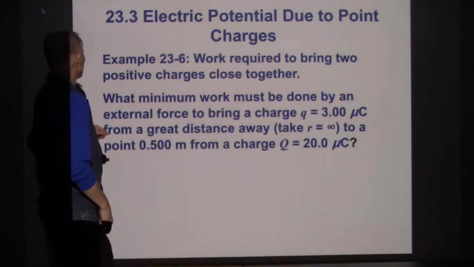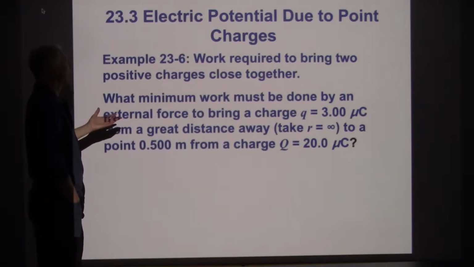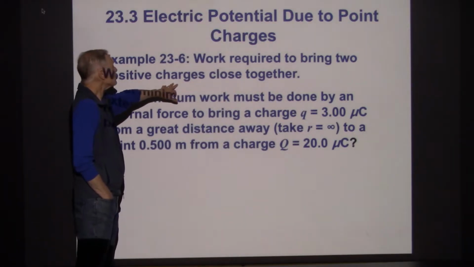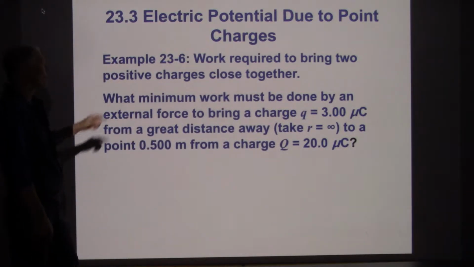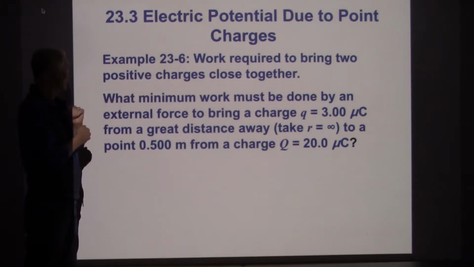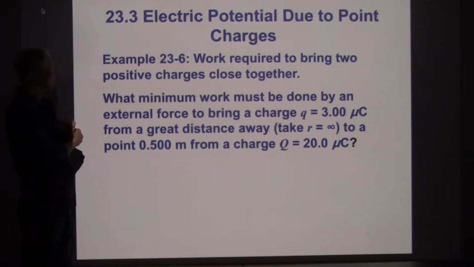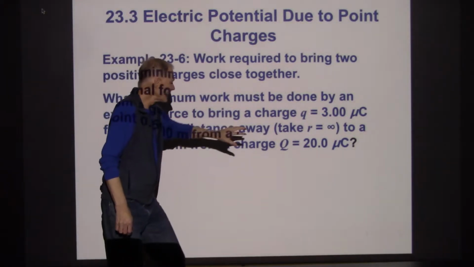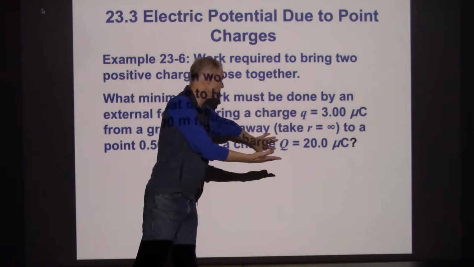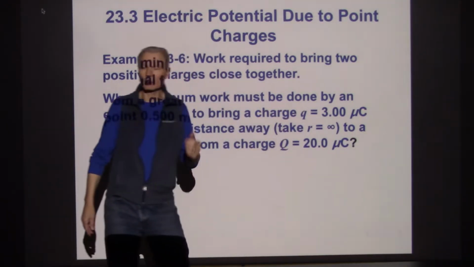Now another formula we're going to want to develop here is how much potential energy is stored in bringing two charges close to each other. Now they're calling this work. What minimum work would be needed to bring two charges close to each other? They're saying that one of the charges is just sitting there and the other charge is brought in closer and closer.